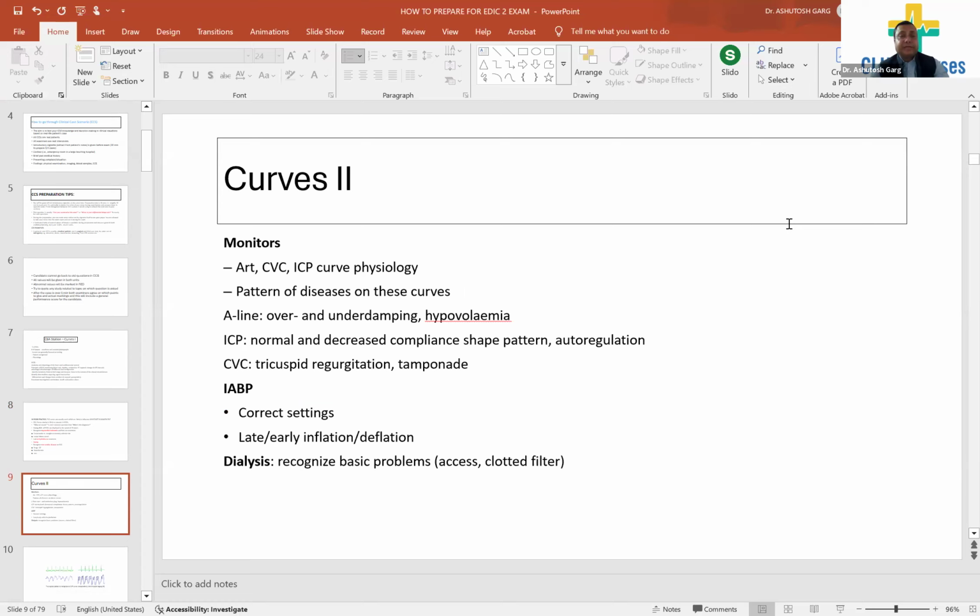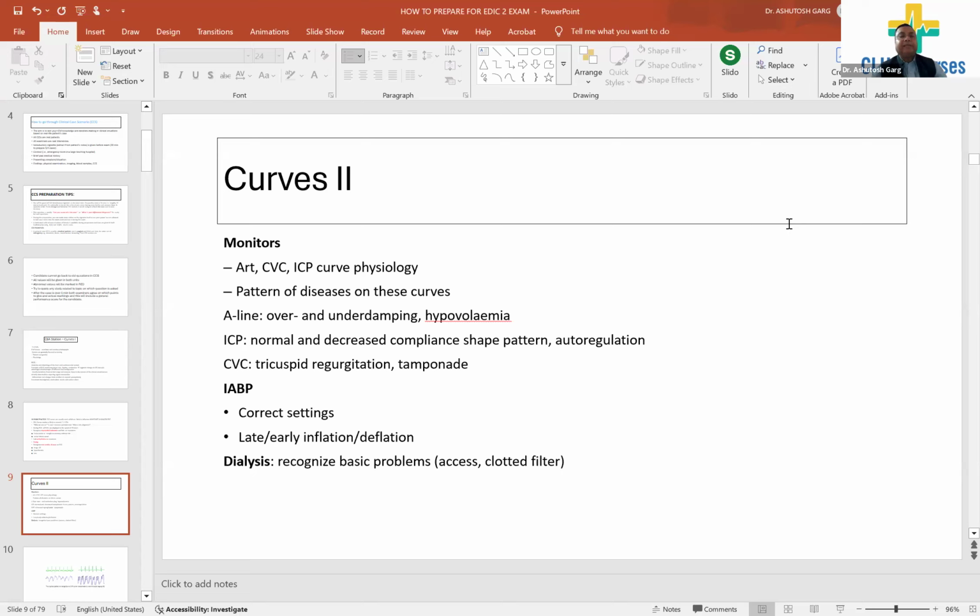Then curve 2, monitors. The monitors contain arterial line graph, CVP line graph, ICP curve physiology, pattern of disease on these curves: A line, overdamping, underdamping, hypovolemia. In ICP, there is a normal compliance or decreased compliance, autoregulation, and in the CVP line, tricuspid regurgitation, cardiac tamponade.